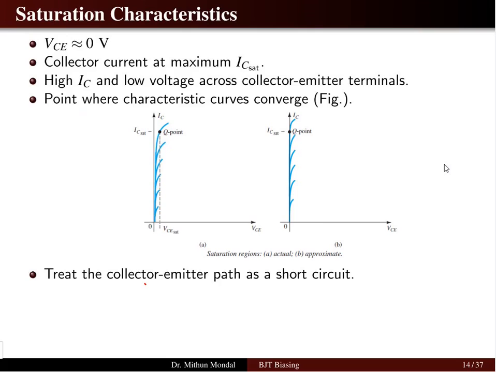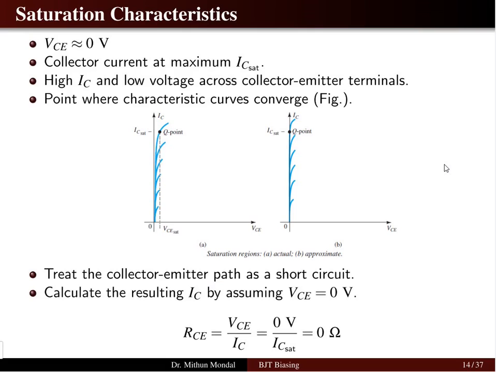So treat the collector emitter path as a short circuit in order to evaluate the collector current. The collector to emitter voltage will be 0, and in that case the collector-emitter resistance will be equal to the voltage divided by the current. Voltage is nothing but 0 volts across the collector emitter, and collector current is at saturation level. So you do not have any resistance in the collector emitter junction.